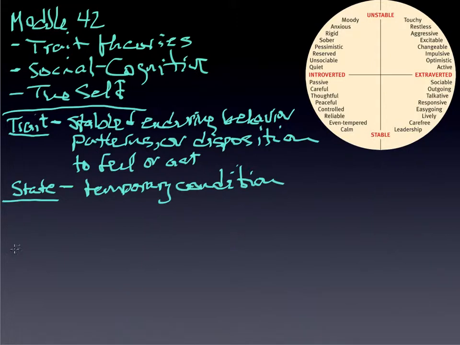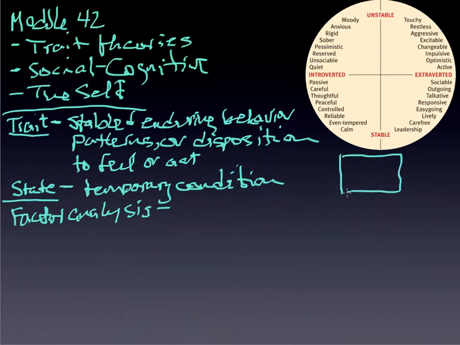The way that we measure traits oftentimes is with a statistical procedure called factor analysis. And one way that I tend to describe factor analysis is a little bit like if you were to go out to a gravel yard and they have ways of sifting. If a front end loader takes this huge bucket full of rock and they drop it into a container that oftentimes has a series of screens in it.